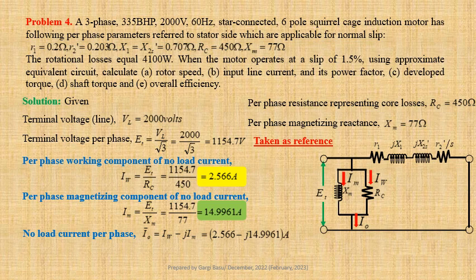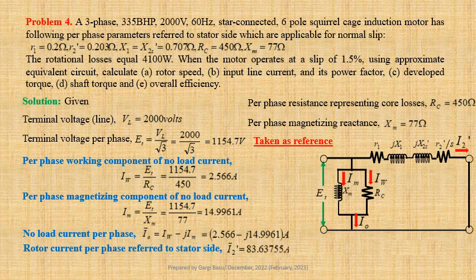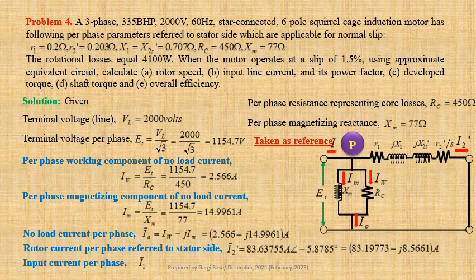We have obtained rotor current per phase referred to stator side, I2 dash equals 83.63755 ampere at an angle minus 5.8785 degree. This may be written in Cartesian form as 83.19773 minus j times 8.5661 ampere. Applying Kirchhoff's current law at node P, we get input current per phase I1 equals I0 plus I2 dash.